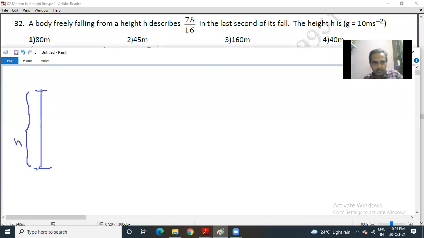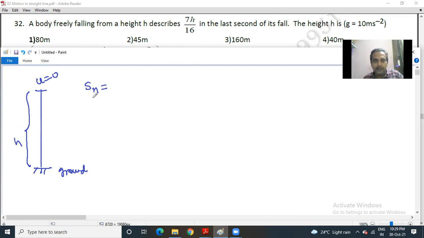Say this is the ground. So the t-th second may be the last second. In the last second, you have to use the S-nth equation, because S equal to ut plus half at square is the distance traveled in a particular second.